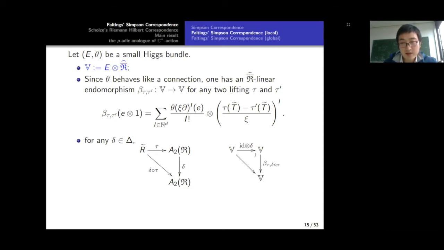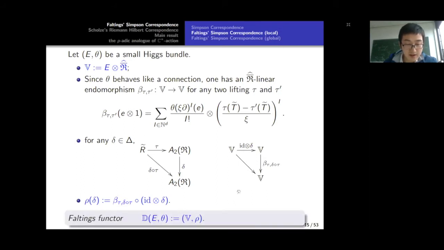If we compose this with the identity tensor with γ, then we get a γ-semilinear map between V and V. Now we can define the semilinear action of γ on this V to be this composition.